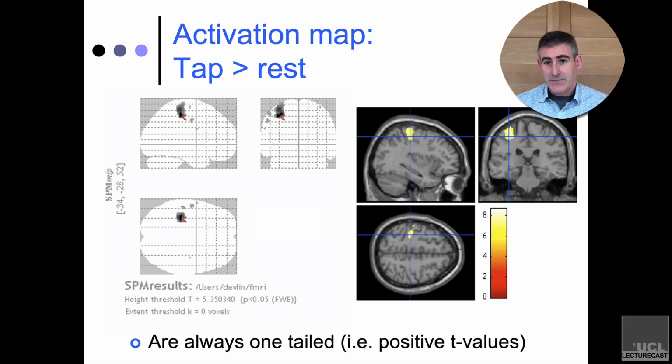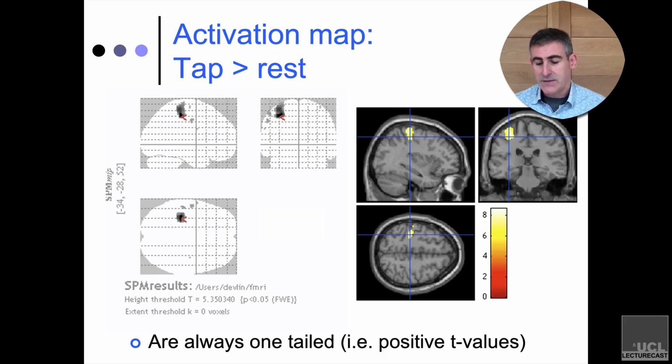In practice, I don't find glass brains the most useful way of doing things. So I tend to prefer to put the activations on the anatomy and not collapse over those dimensions. I want us to see what's happening at this plane of this anatomy. So that's what's shown on the right. So there's the subject structural scan. The activation is shown there.